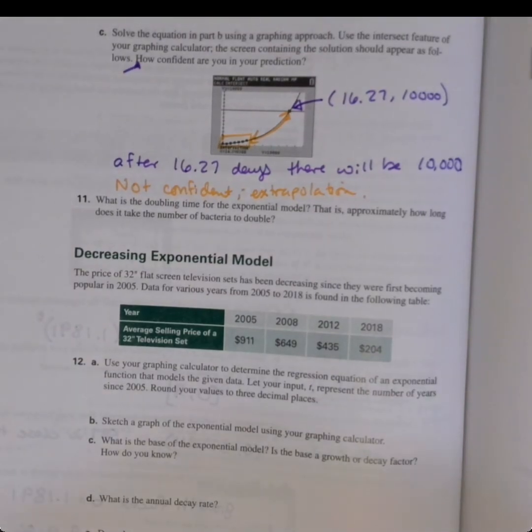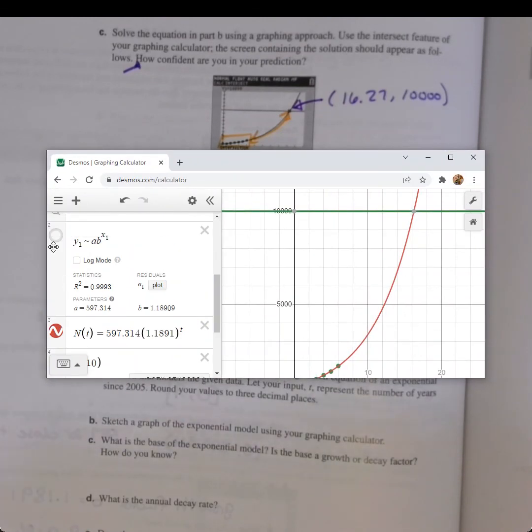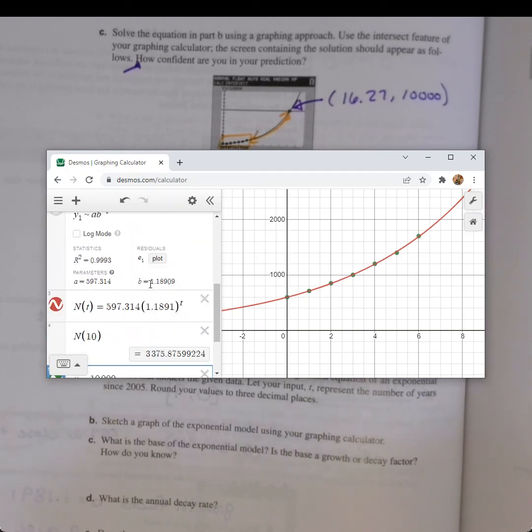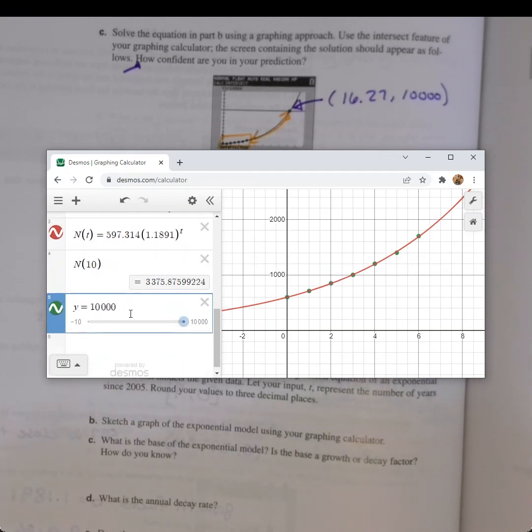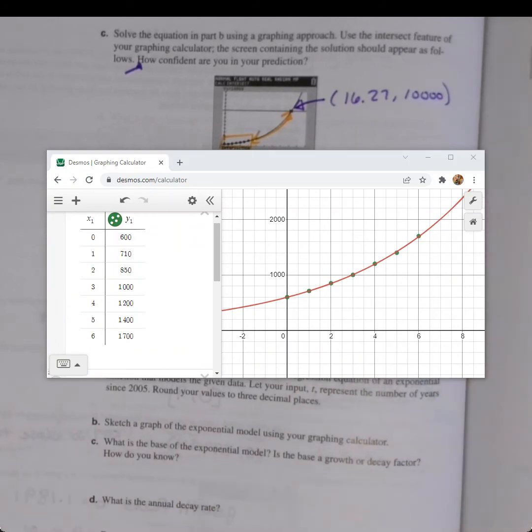All right, what is the doubling time for this exponential model? Okay, to find the doubling time, we need to double from the initial value. I'm going to zoom back over on the data set. The initial value was that there were 600 bacterium. And so if we double that number, we can find out how long it takes to get twice that many bacterium.